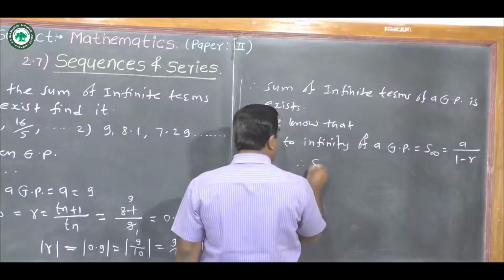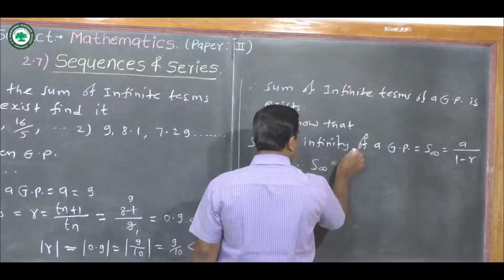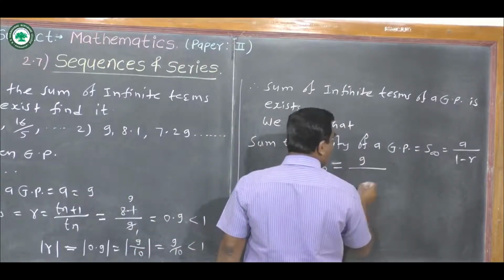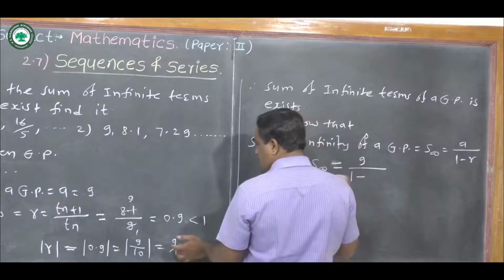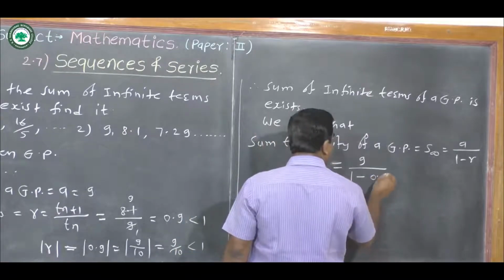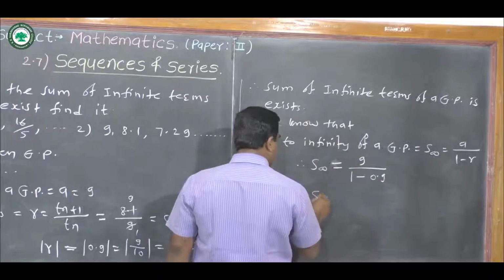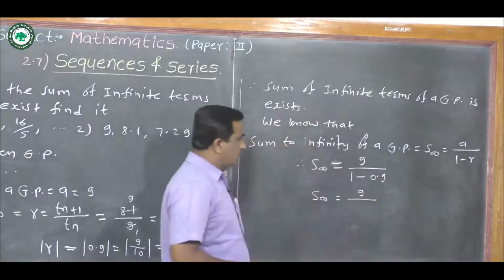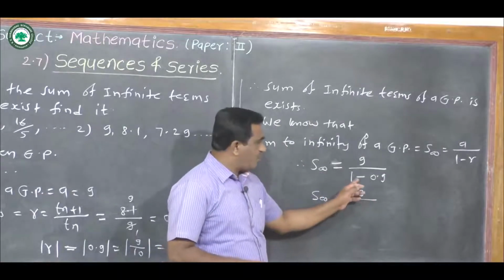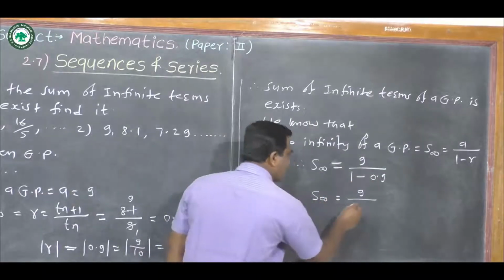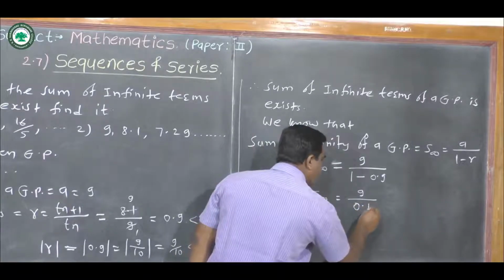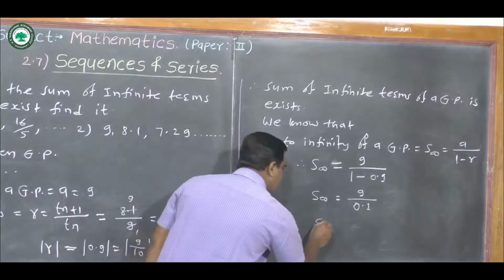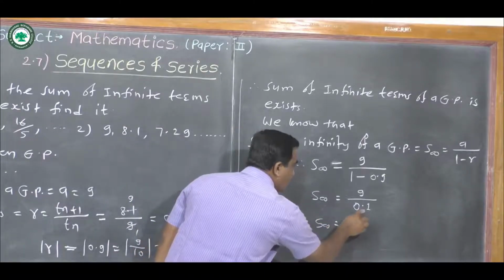Therefore S infinity equal to, the value of A is 9, upon 1 minus R, R means 0.9. That is S infinity equal to 9 upon, we can take the subtraction of these two terms, 1 minus 0.9 means 0.1, that is we get S infinity is equal to 9 upon 0.1, which means 1 by 10.